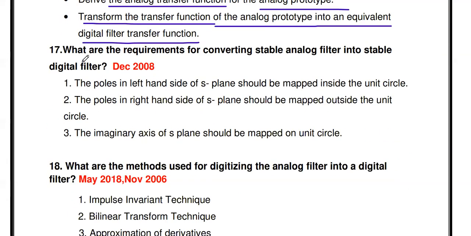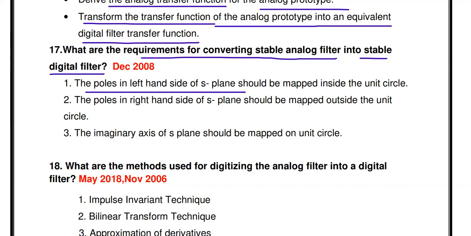Then the next question: what are the requirements for converting a stable analog filter into a stable digital filter? The poles in the left half of the S-plane should be mapped inside the unit circle.